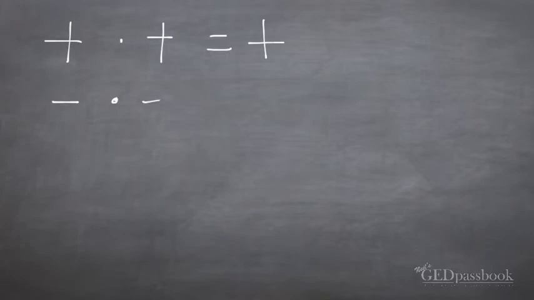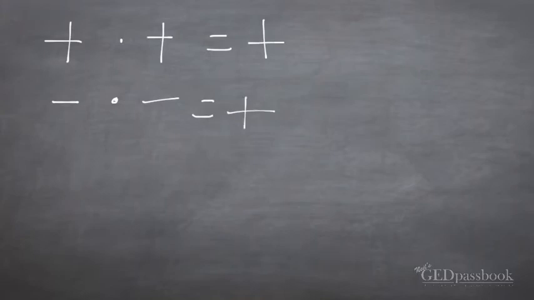Does anybody know the rules for multiplying and dividing integers? I'll give you the first one. A positive times a positive equals a what? A positive. I'm saying times, but this rule is for both multiplying and dividing. So I should be saying a positive times and or divided by a positive equals a positive. A negative times and or divided by a negative equals a what?